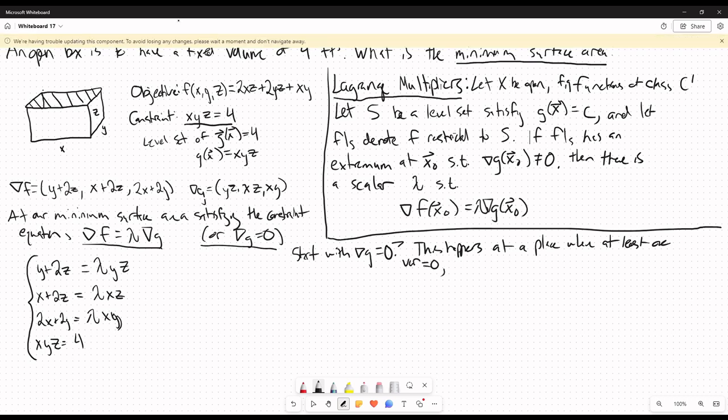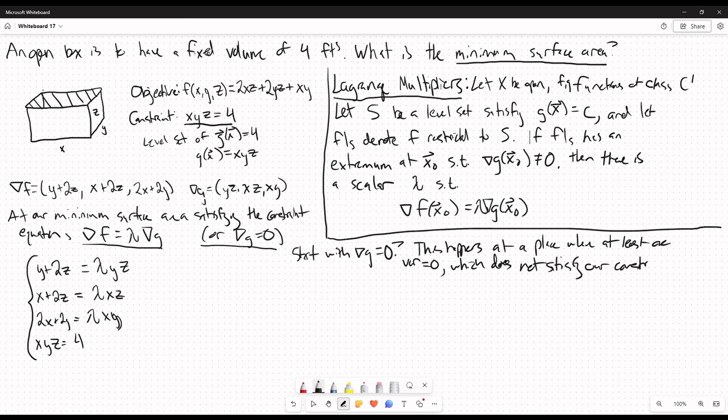Which does not satisfy our constraint equation. Okay, so we can ignore that case.